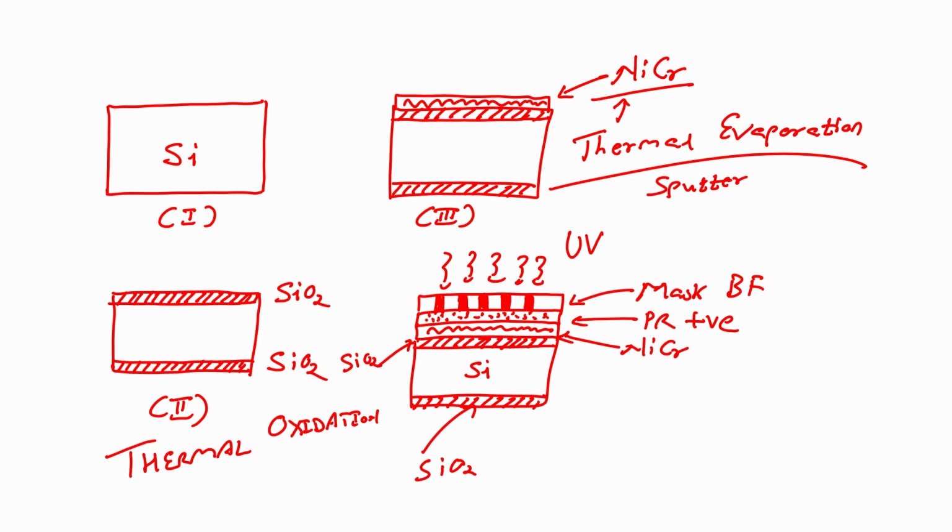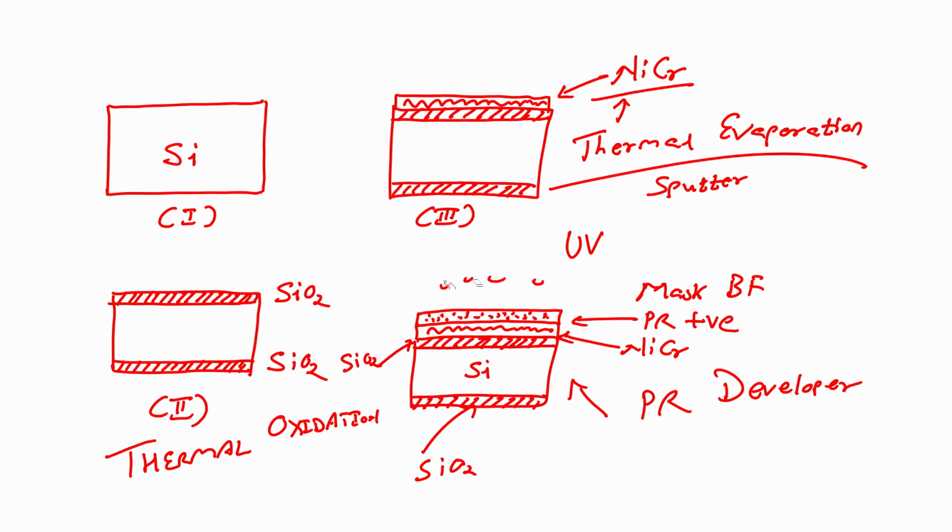After exposing the wafer, I will dip this wafer in photoresist developer. When I dip this wafer in photoresist developer, what will happen? The unexposed area will become stronger and the exposed area will become weaker and get developed.